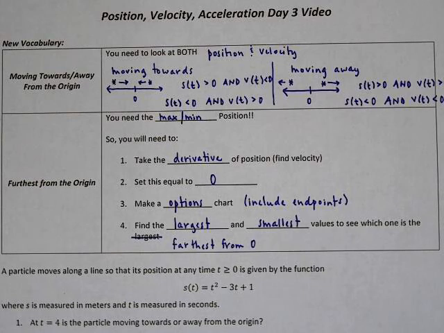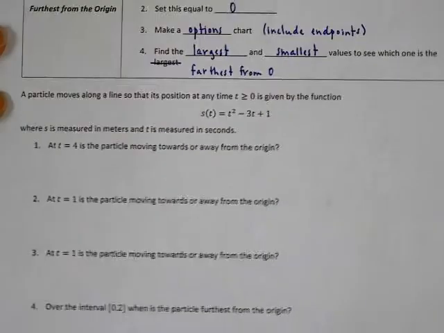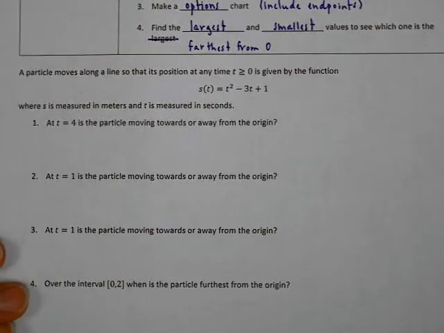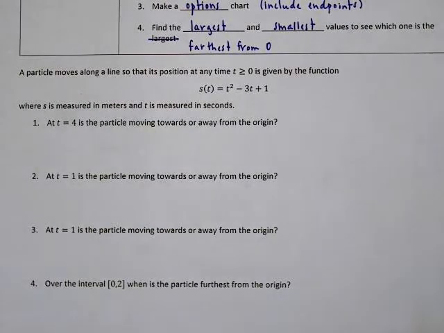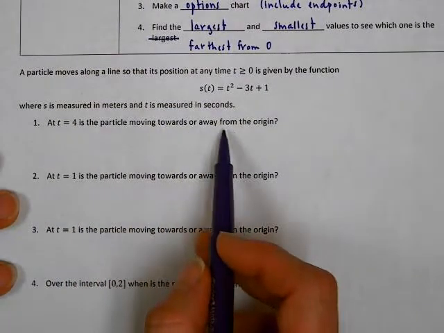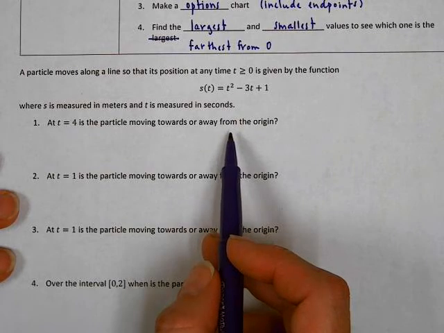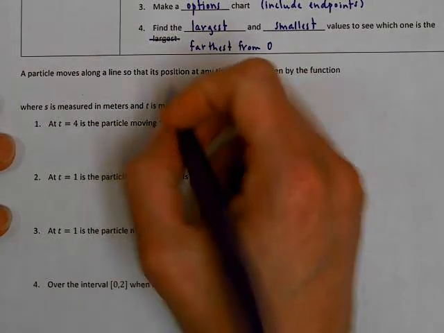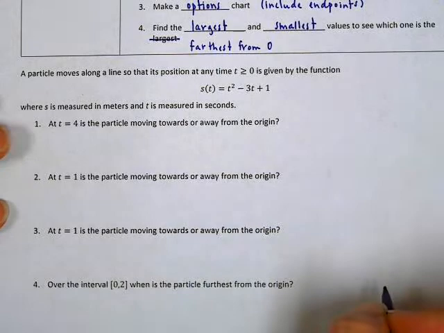All right, so let's look at some questions around this. So here we have a particle that's moving along a line with this given position function. And we have our units, s is measured in meters and t is measured in seconds. So at t equals 4, it's asking us, is the particle moving towards or away from the origin? So we said for this, towards or away, we need to look at both position and velocity.